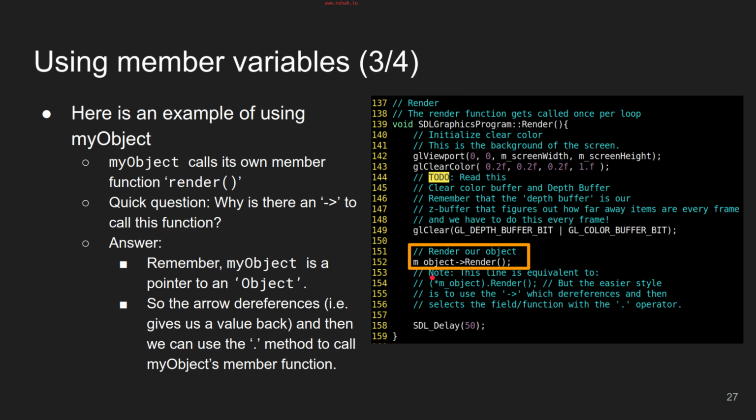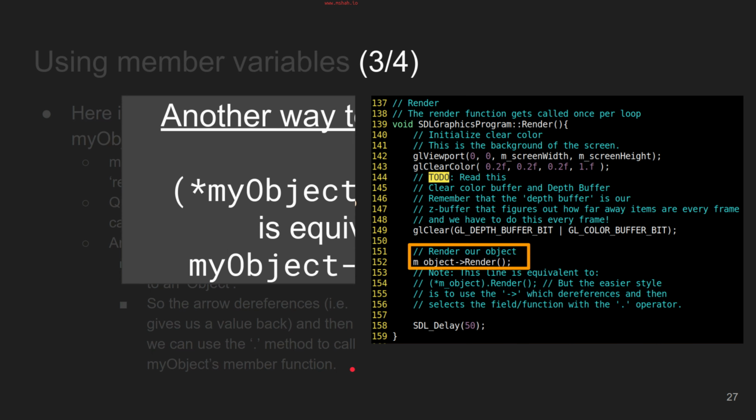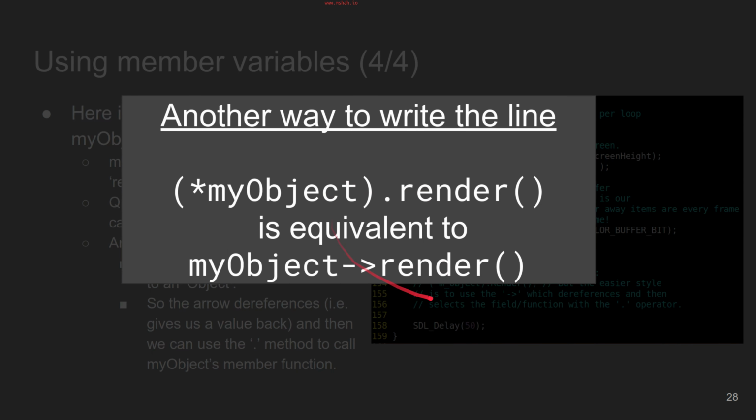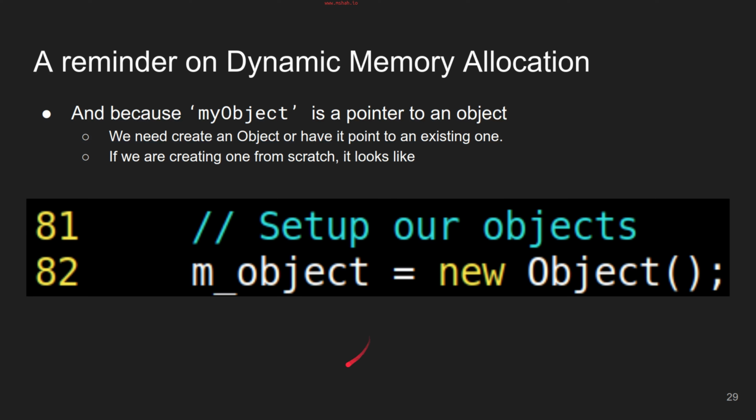You can do the equivalent here: if I put in parentheses, dereference the object, and then dot render, that's also equivalent in C++, okay? So there are two ways you can write it, but if you see the arrow or haven't seen it before, this is where it comes from.